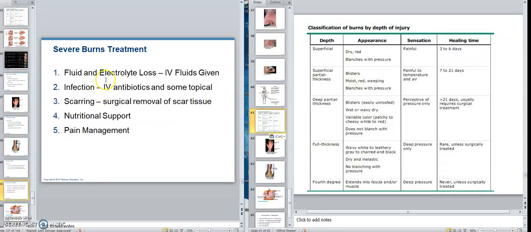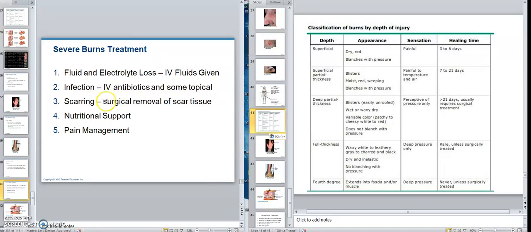So how do you treat severe burns? One of the major and first things is a significant fluid and electrolyte loss, because you've covered, see, remember that keratinized stratified squamous is gone. So sometimes you have to give IV fluids with severe burns. Infections, well, you always do, to be honest. They stick an IV in you. Infection, antibiotics, generally IV, sometimes topical.